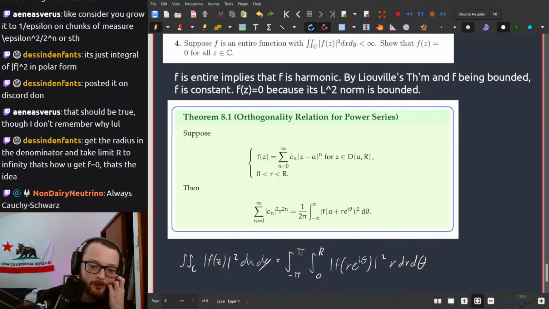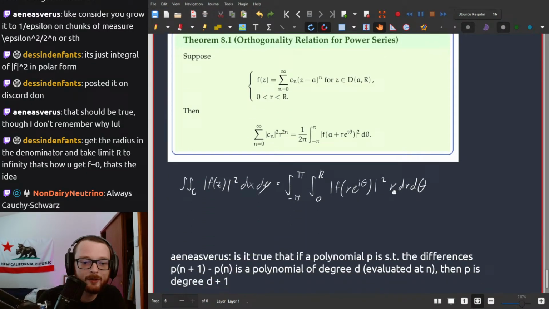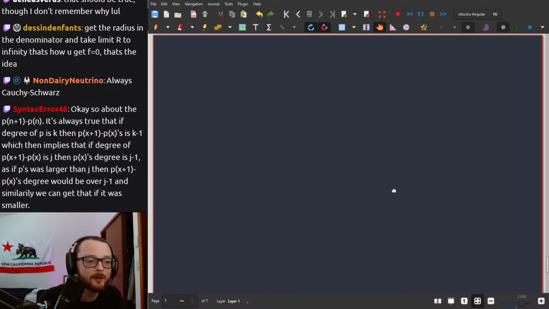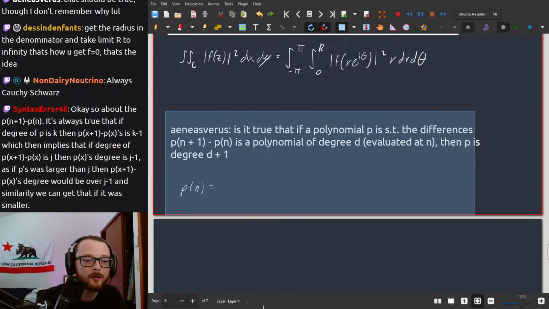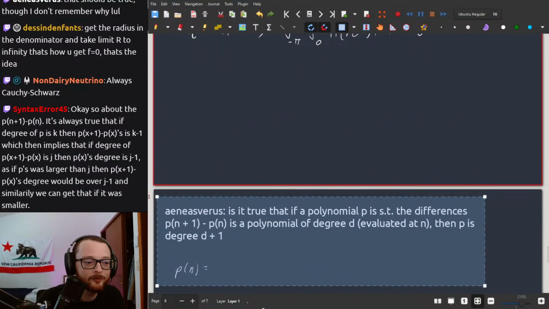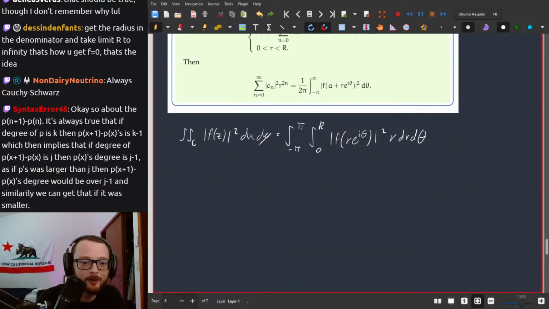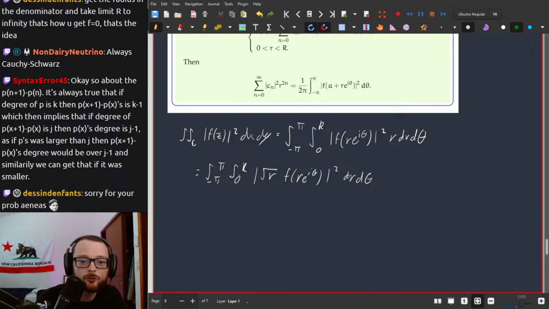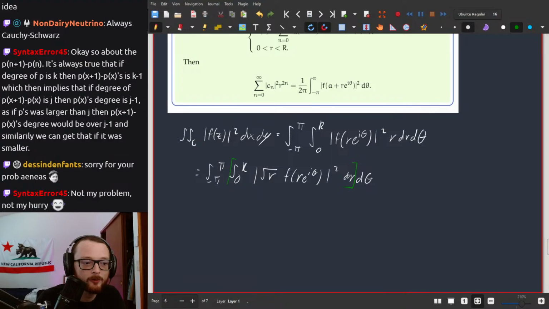I remember how it works here. So like we want to get, I guess, syntax, thank you for posting about that one. I'll look at that in a minute. It might be more than a minute, I'm sorry. Do we need to do something stupid like this first though? Because I want to Cauchy-Schwarz on just this inner integral.